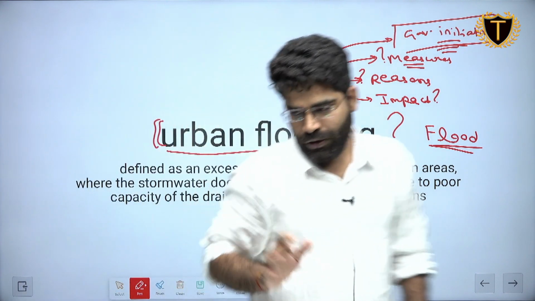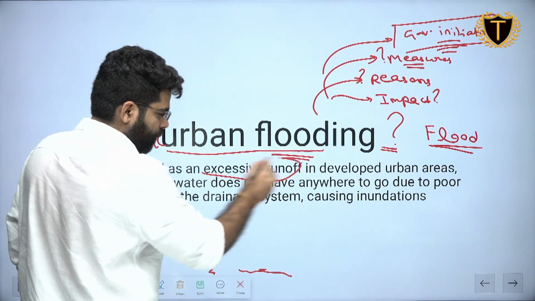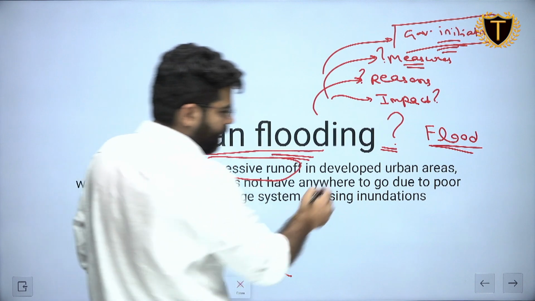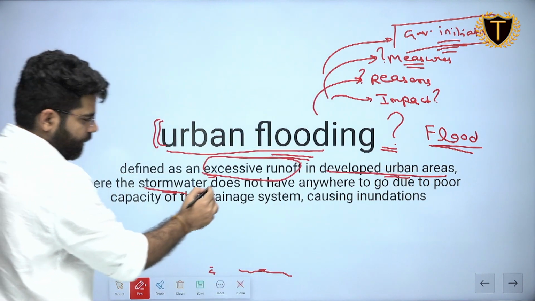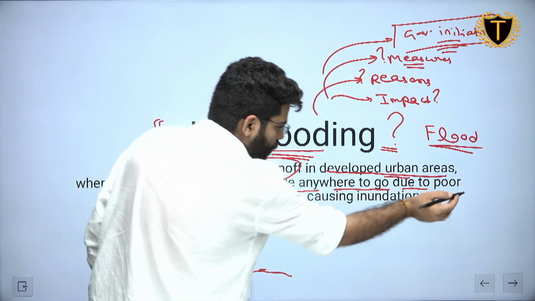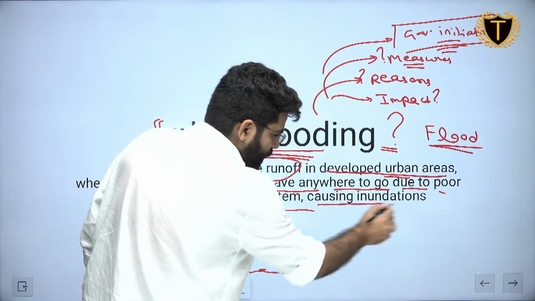Is it clear? So urban flooding is defined as an excessive runoff in developed urban areas where the storm water does not have anywhere to go due to poor capacity of the drainage system, causing inundations.